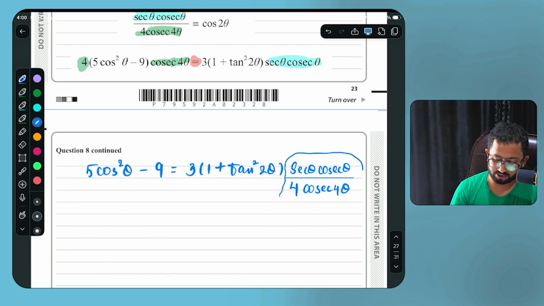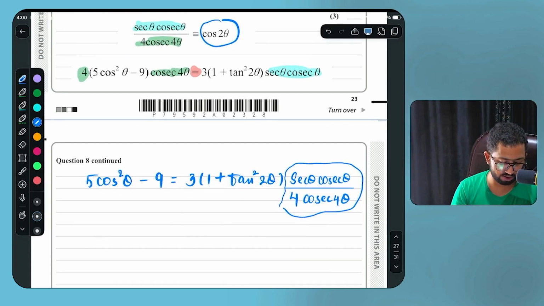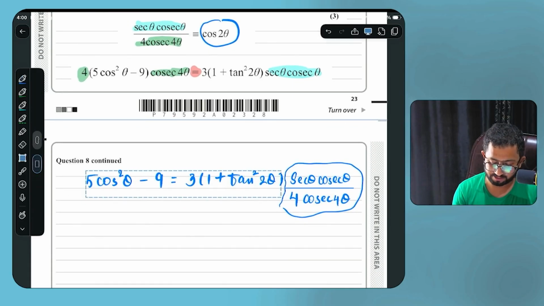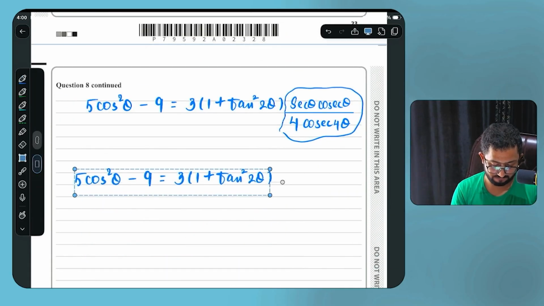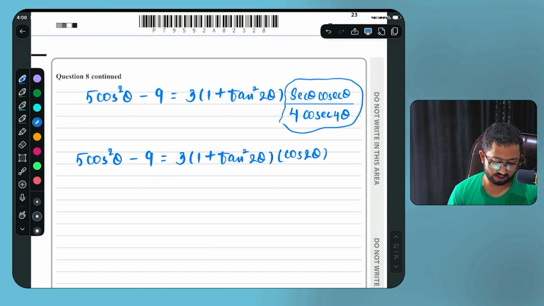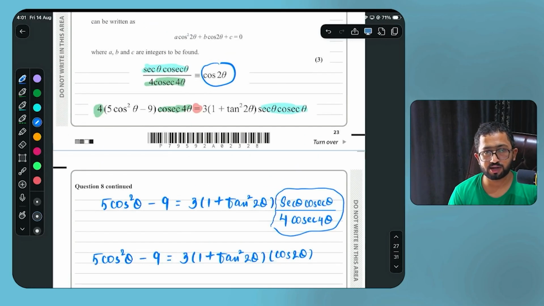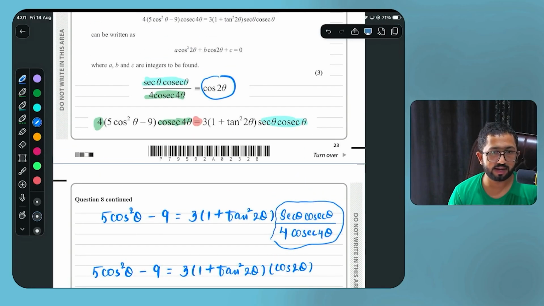So everyone knows that the answer of this one is cos 2 theta. Just replace cos 2 theta with this term. Perfect. I hope you can understand how to substitute previous part in next question.